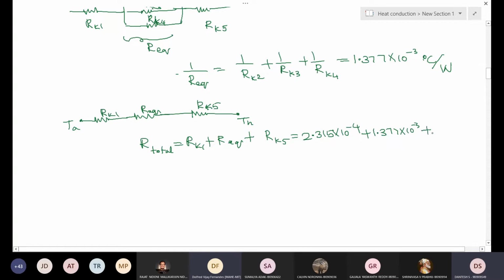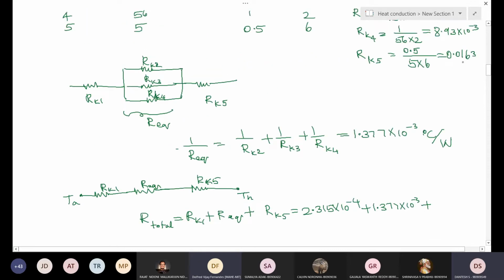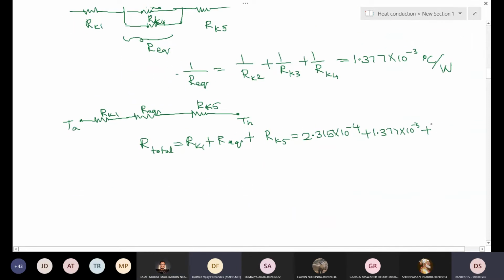Is RK5 correct? Yes, sir, that's 0.016. So total resistance you will get.